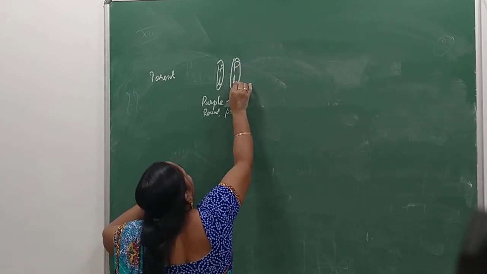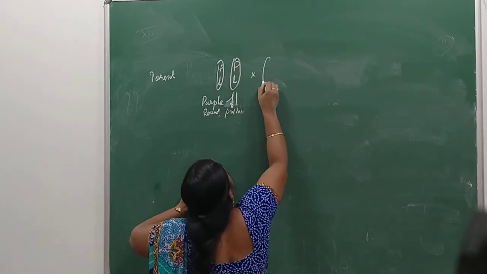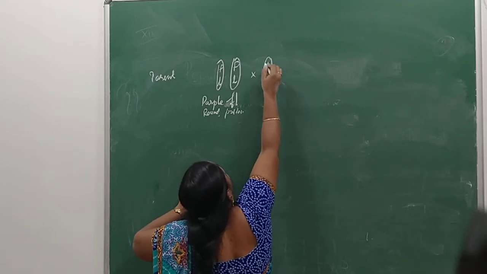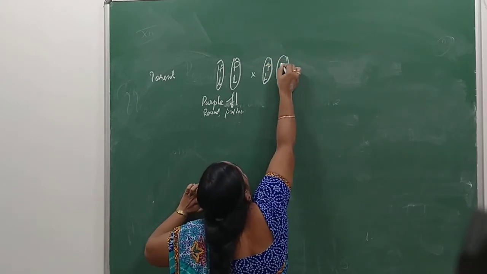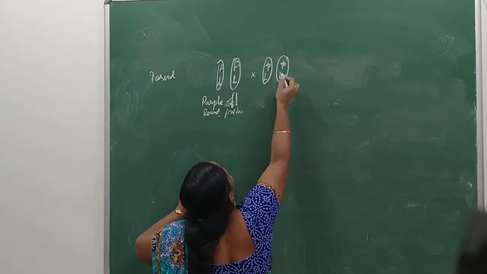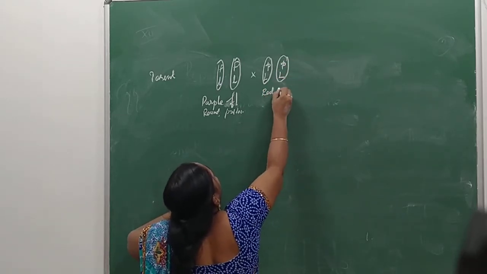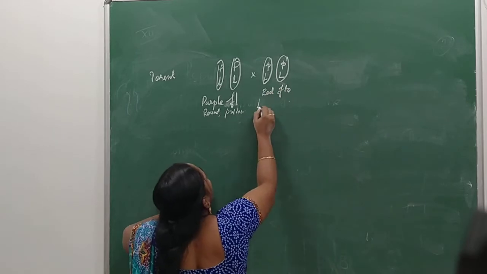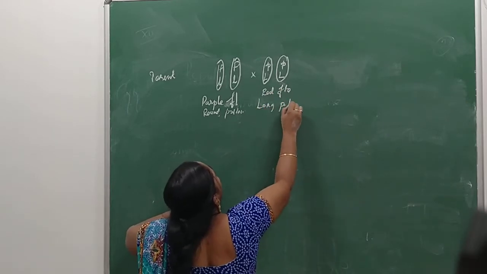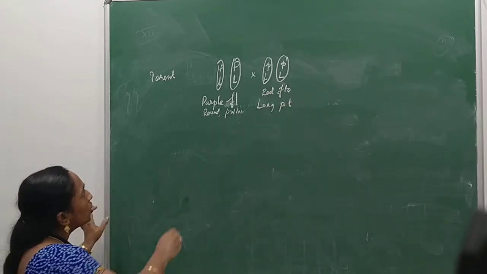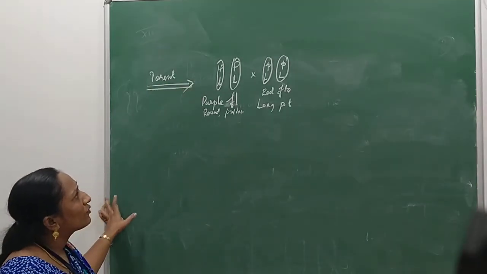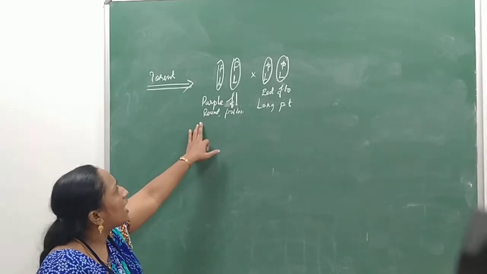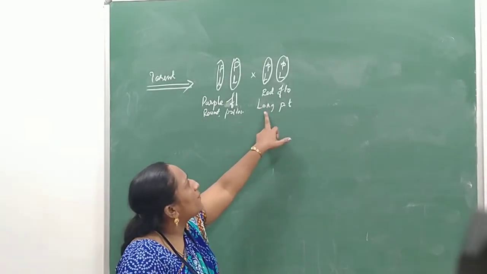Similarly, purple and round pollen is crossed with red and long pollen tube, small p and capital L. So it is red flower with long pollen tube. So these are the parents: purple flower, round pollen and red flower, long pollen grains.